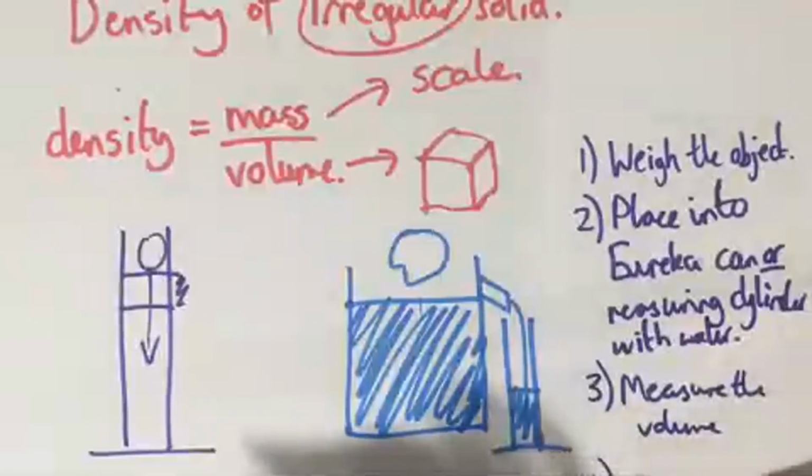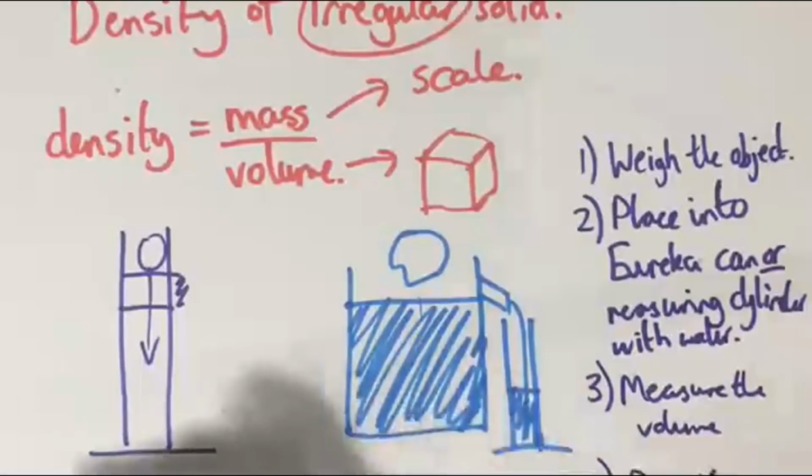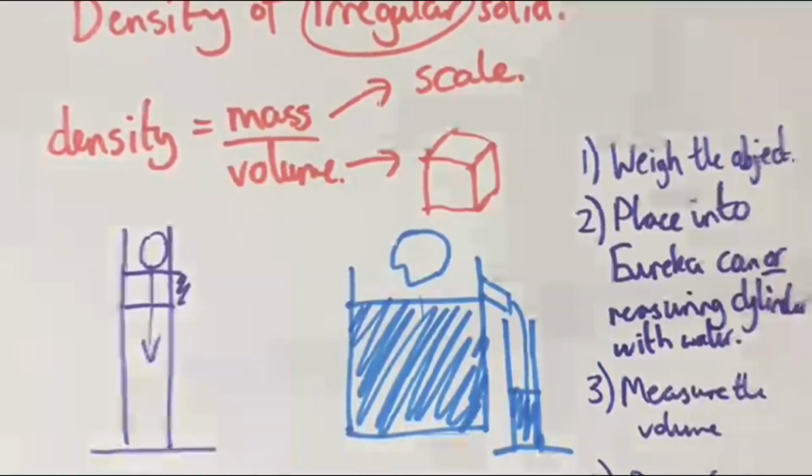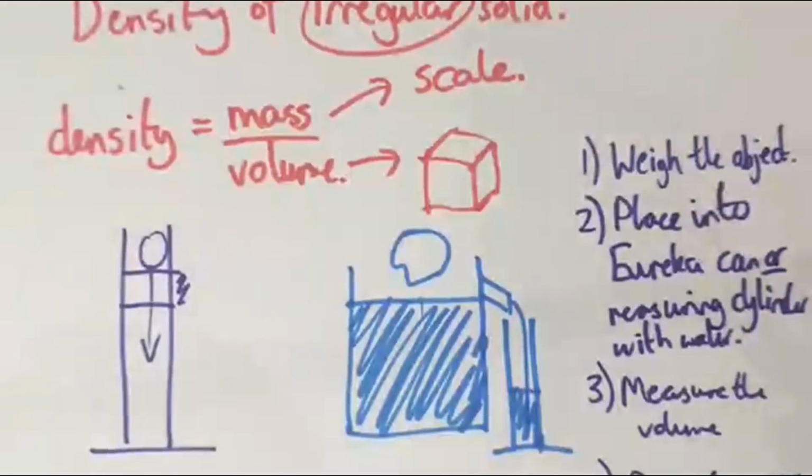And then for density, density equals mass divided by volume. Okay, questions that they could ask about: remember to weigh it before you do the volume. Right, that is all the required practicals.